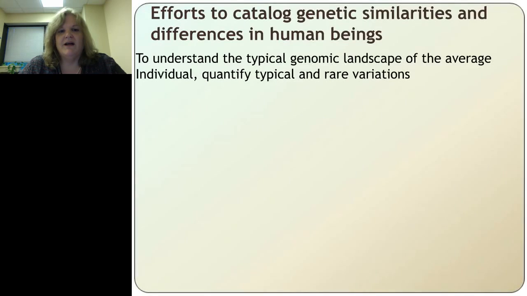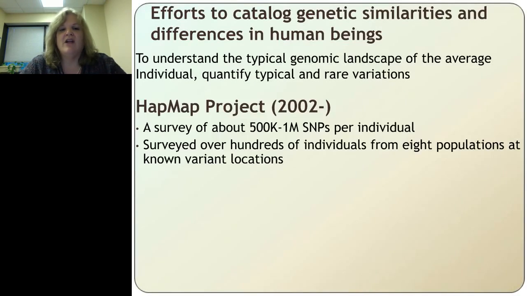To understand where we are in terms of human genetics, there have been two main efforts to catalog genetic similarities and differences in human beings. In order to understand where genetic diagnosis is going to go, we should understand the background of what we're operating in. To understand the typical genomic landscape of the average individual and quantify typical variations, there's the HapMap project, which began back in 2002 and surveyed about 1 million SNPs per individual.